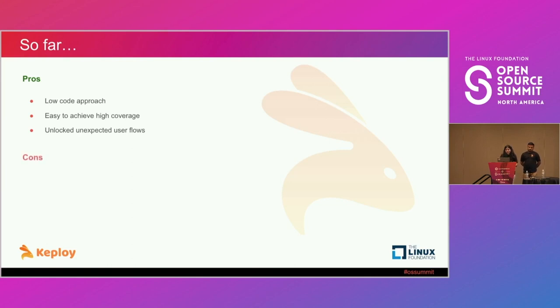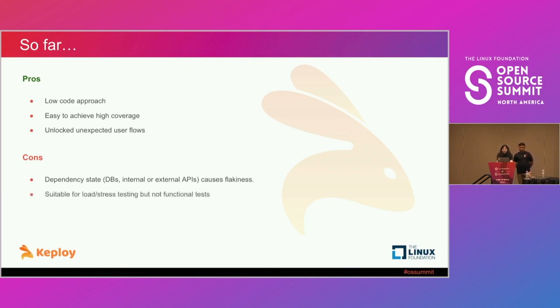The downsides are, one, I think you might have figured out, the dependency states are hard to manage. And this approach is good for load testing or stress testing, but not really good for functional testing, I would say, because if some of the APIs fail, there are multiple user traffic calls that fail, and you have to go to each of the calls and debug it.